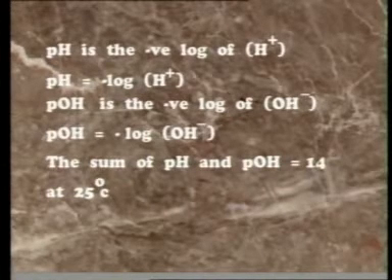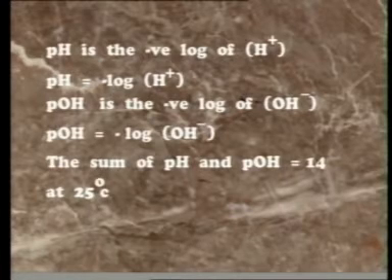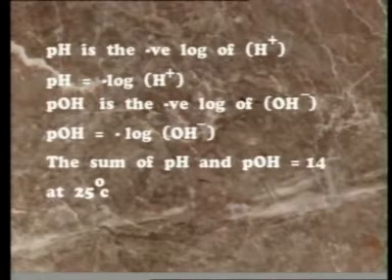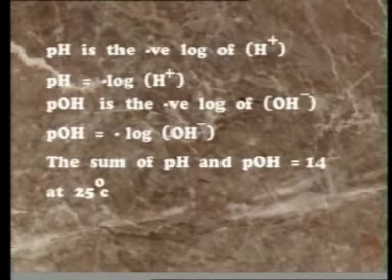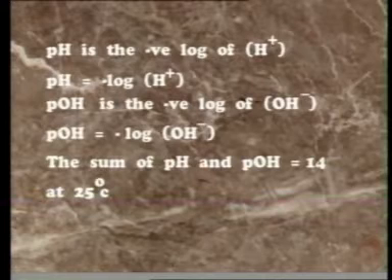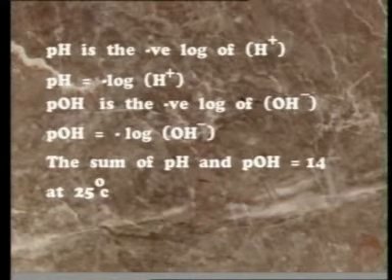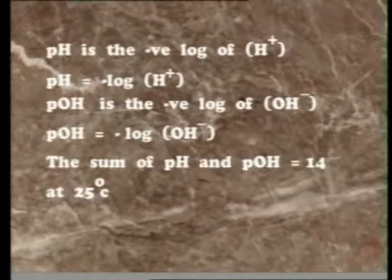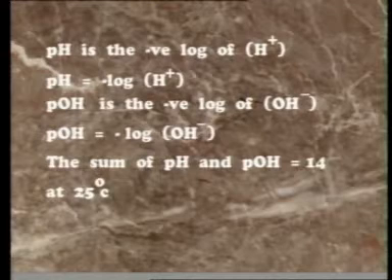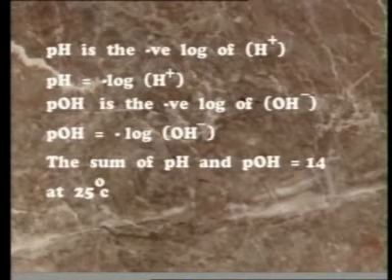Similarly, pOH is the negative log of the hydroxyl ion concentration. The sum of pH and pOH for water is 14 at 25 degrees centigrade.